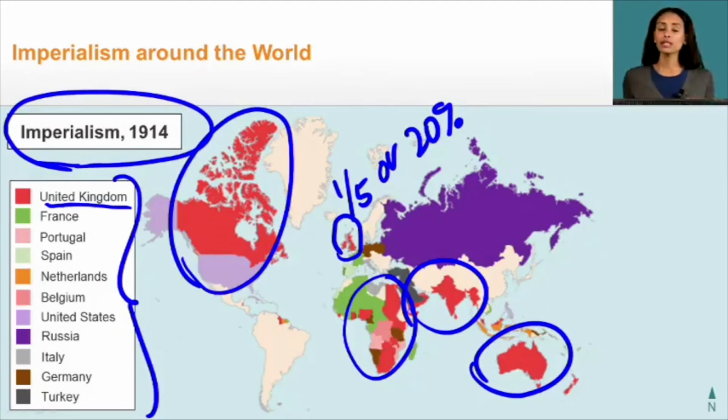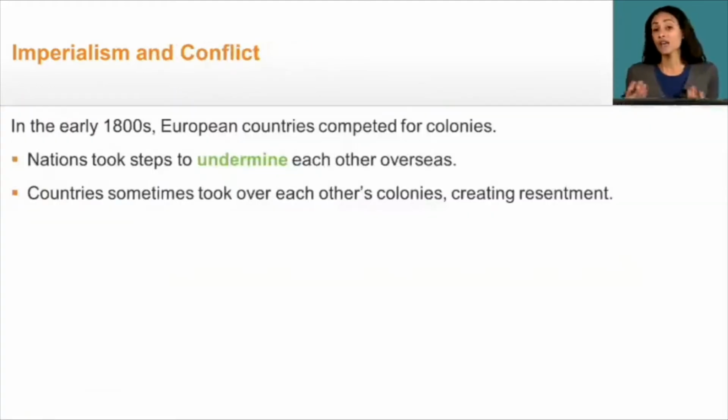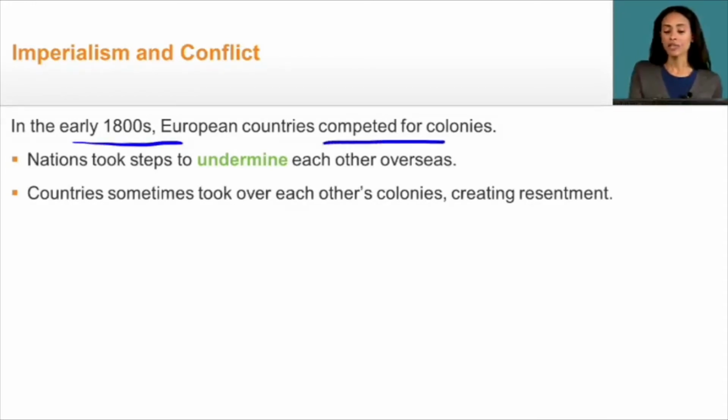Now, this imperialism is going to cause a lot of conflict all over the world because as these European countries started to grow in the early 1800s, they find themselves in direct competition with one another. The world is only so big. So, once you take a certain space, that means it's that much less space for another country to take.